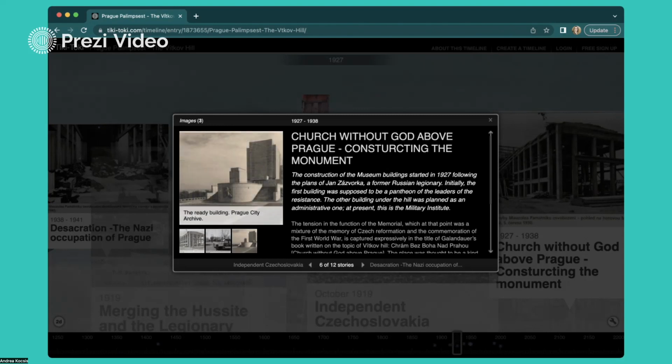It was finished and opened on the anniversary of the proclamation of the Republic in 1938.